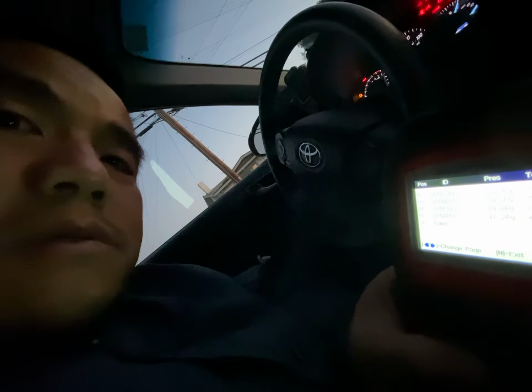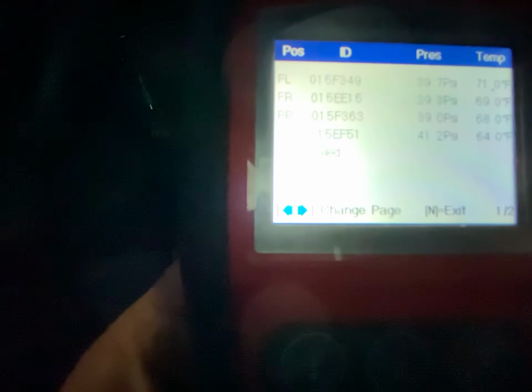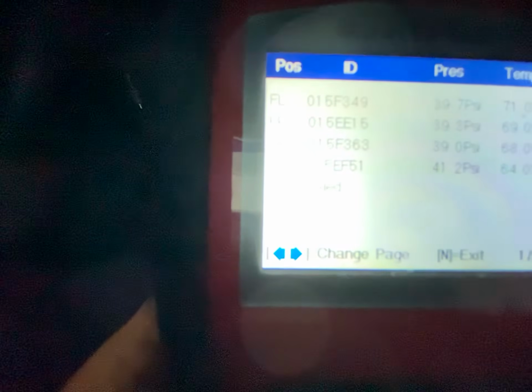And then we have 63 is passenger. So what we're looking at here is an actual scan of each tire ID. Front left is number 49, and 49 is registered ID number 3.